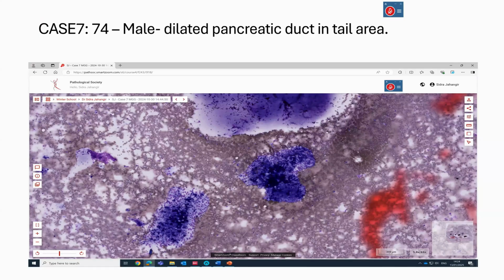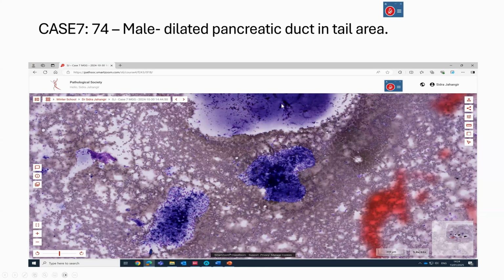Case 7. I'm starting with the cytology prep slide. Dilated duct, but no solid mass in pancreas, and 74 age. We got the smear slides, and this is Giemsa stain.